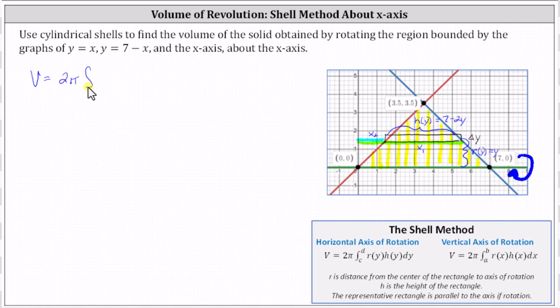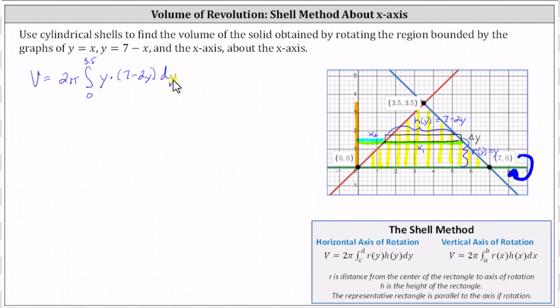We're integrating with respect to y, and therefore the limits of integration for y are from y equals 0 to y equals 3.5, which is why we needed to determine the point of intersection 3.5 comma 3.5. Now the integrand function again is r of y times h of y, where r of y is y, times h of y, which is the quantity 7 minus 2y dy.